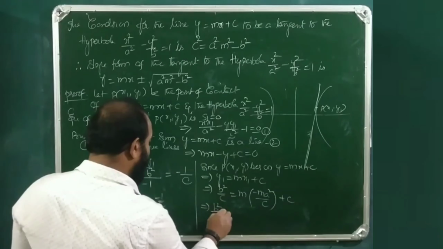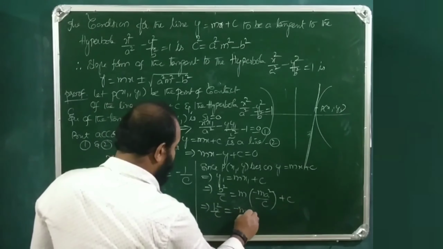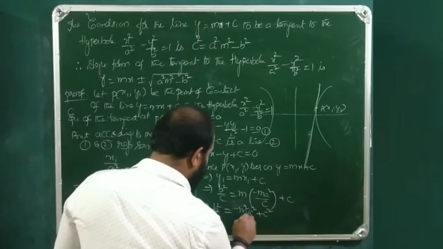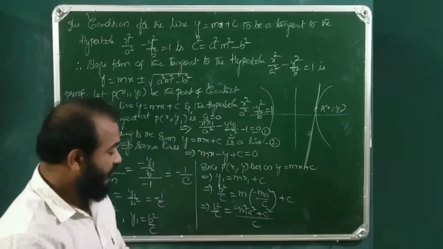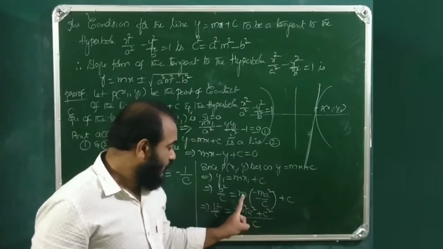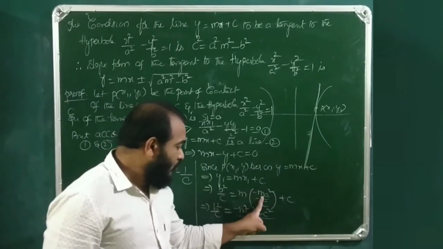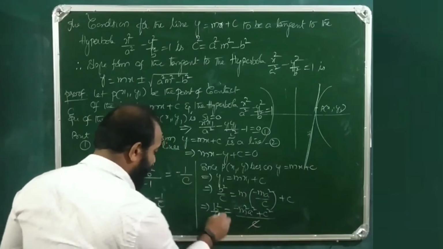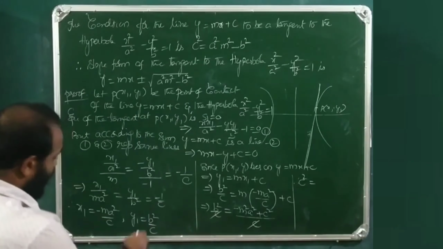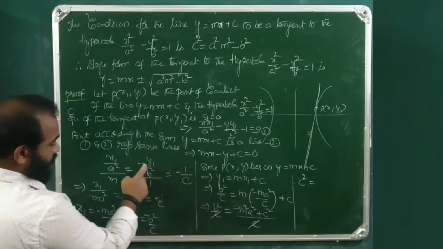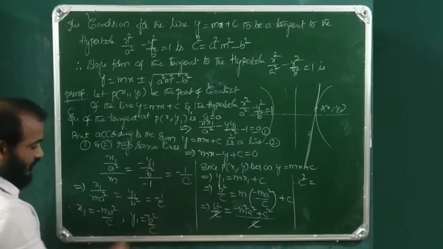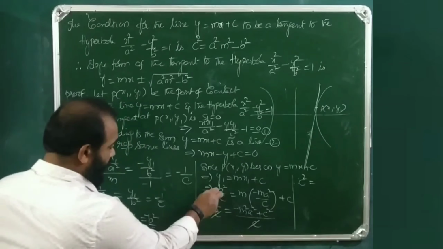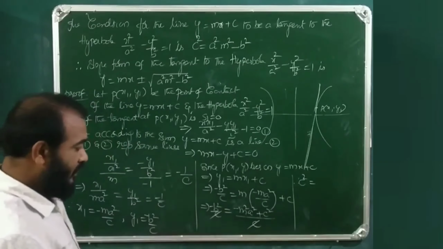So b square by c is equals to minus m square a square plus c square by c. I have taken c as the LCM. So c gets cancelled. Minus minus gets cancelled. So this is also minus b square by c.